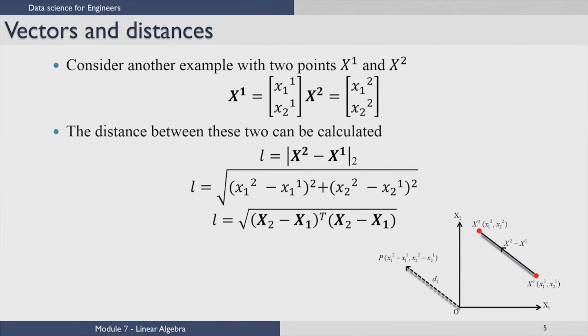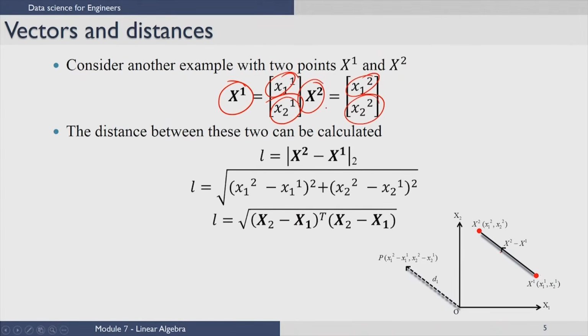So, in the previous slide we saw one point in two dimensions. Now, let us consider a case where we have 2 points in 2 dimensions. We have x1 here which has 2 numbers representing the 2 coordinates, and we have x2 here which also represents the 2 coordinates.